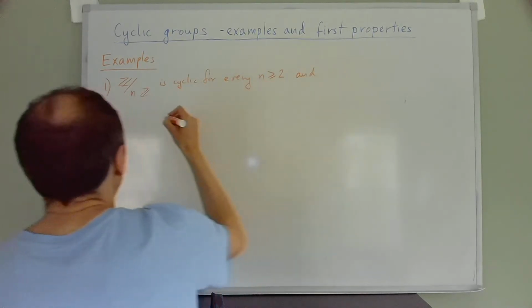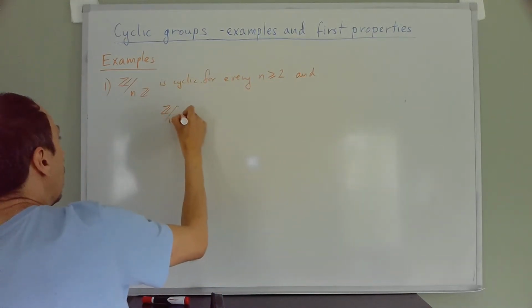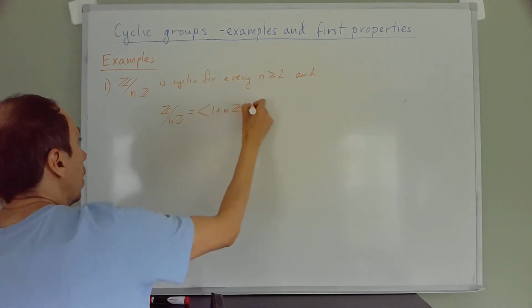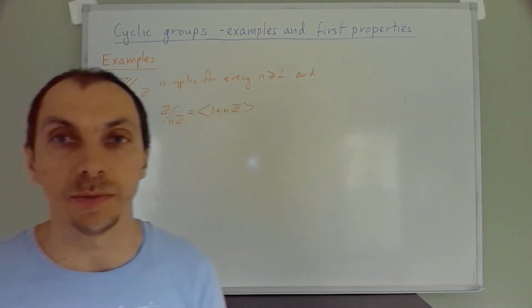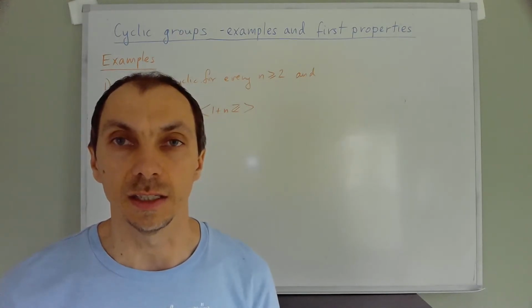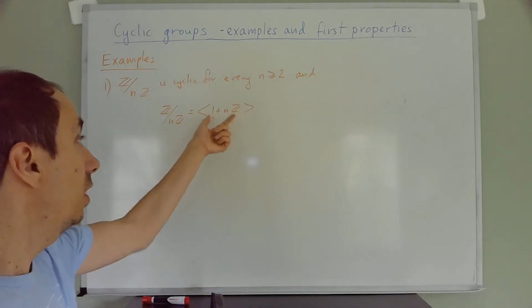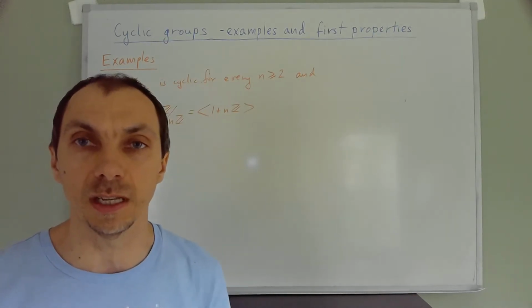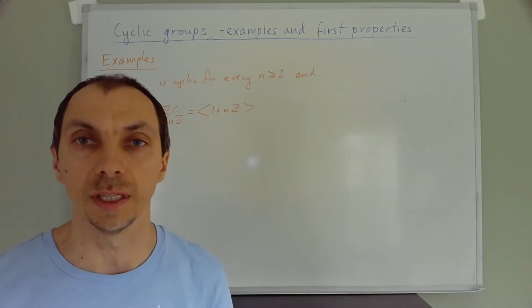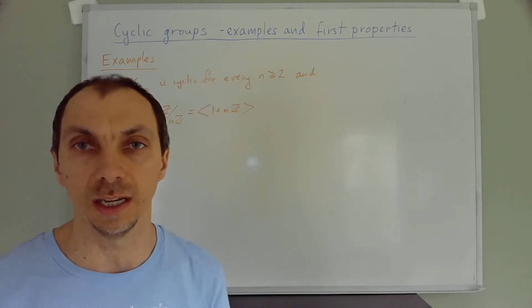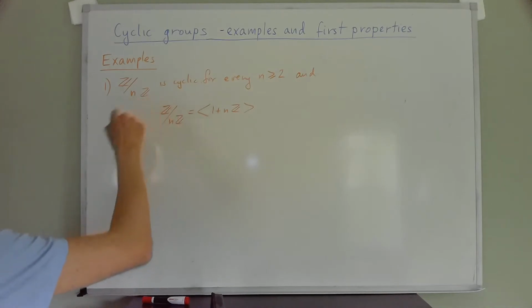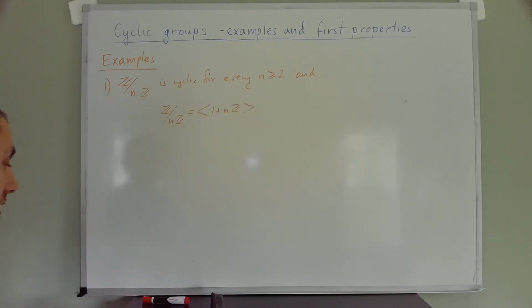And what's a generator? 1 plus nZ will always be a generator, no matter what n is. Because if I take it twice, then I get 2 plus nZ. 3 times I get 3 plus nZ, so this way I get every element. And if I take that 0 times, I get, of course, nZ. So I get every element. So these groups, Z mod nZ, are always cyclic.